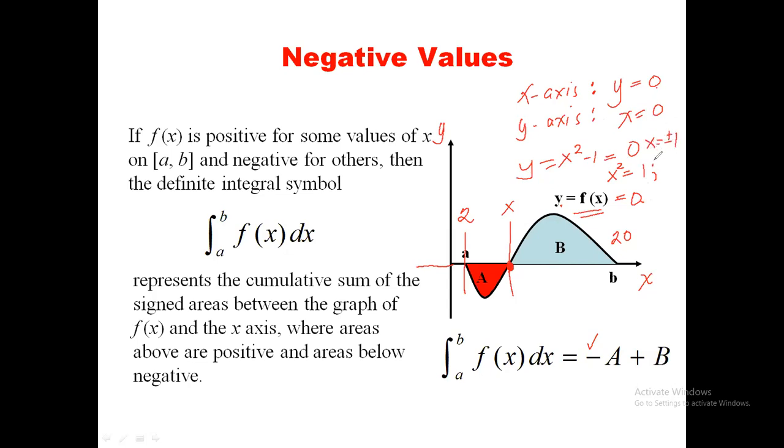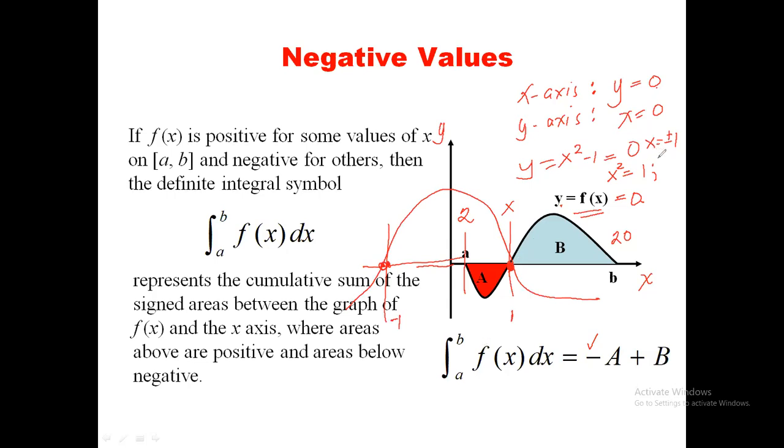So you have 2 points of intersection in the x-axis. One is x equal to 1, meaning your curve crosses the x-axis at x equal to 1. And another one is x equal to negative 1. Example, if this is where negative 1 is, and the other one is 1. So this is where your curve crosses the x-axis. These are its points of intersection.